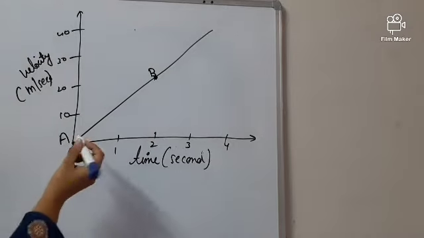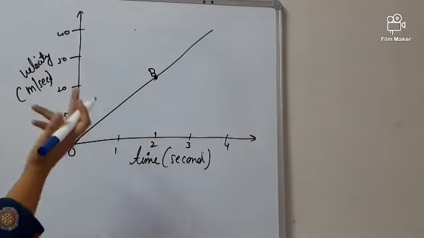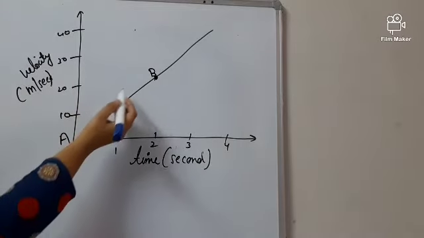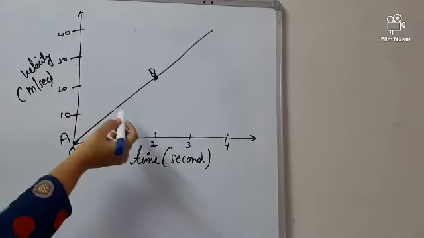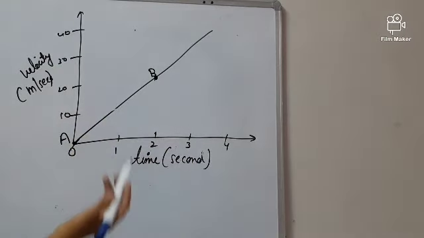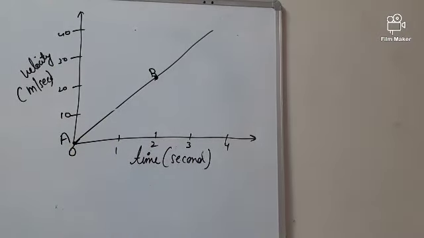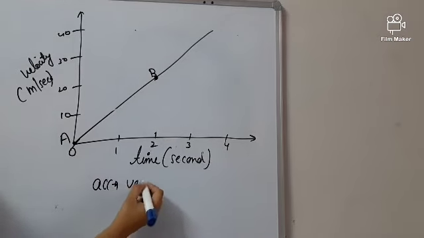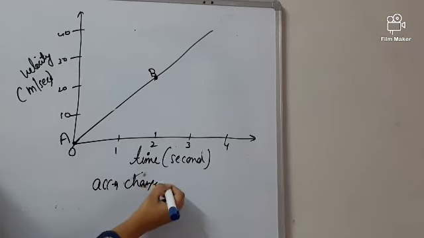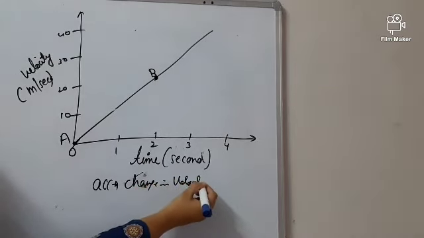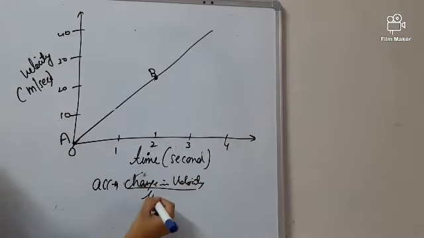So if somebody asks you from A to B, what is the acceleration? Take the velocity across A and B, take the time across A and B, put the values and get the answer. Like here, acceleration is change in velocity over time taken.